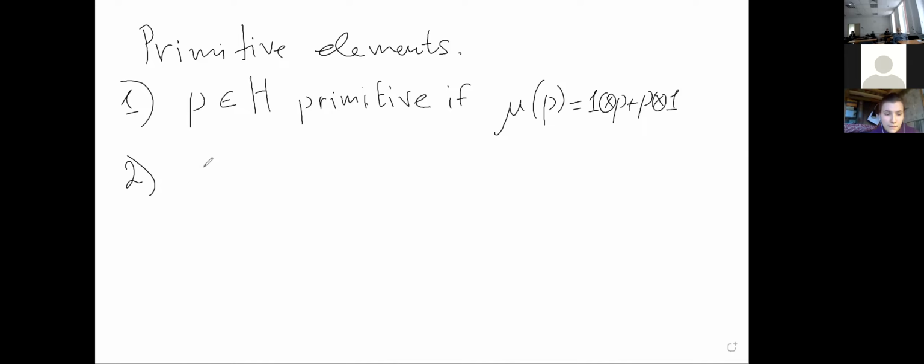And what is important for us is that there is a formula for the projection. The primitive elements form a linear vector subspace.